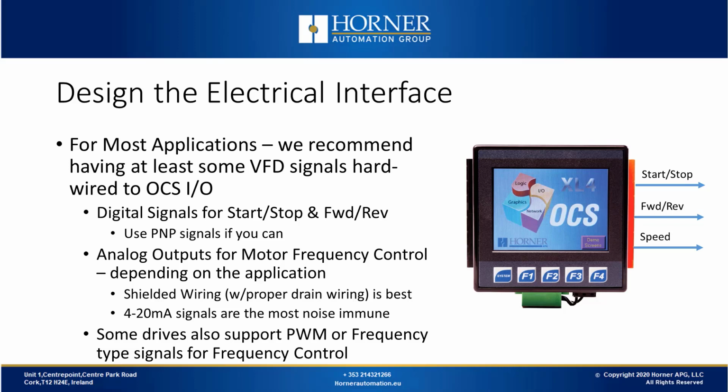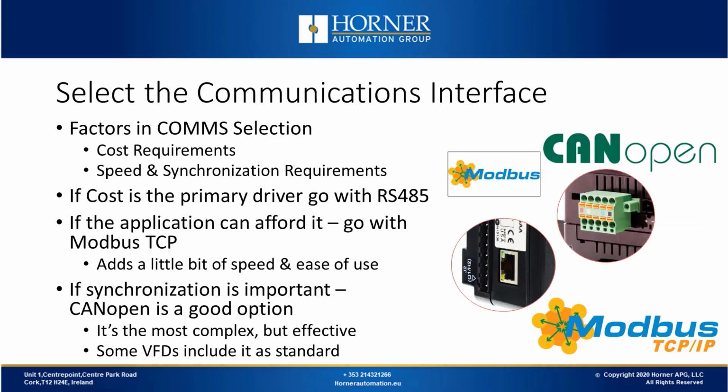The advantage of 4 to 20 milliamps over 0 to 10 volts is it's a little more noise immune. Another thing that you'll find for controlling drive speed or drive frequency is that some drives also support a pulse type input, often in a PWM format, where it's looking for a fixed frequency with a variable duty cycle.